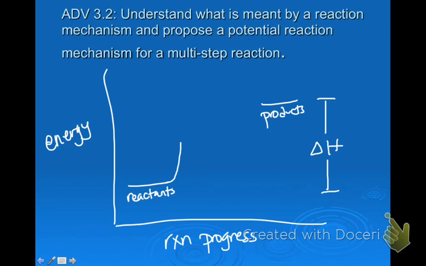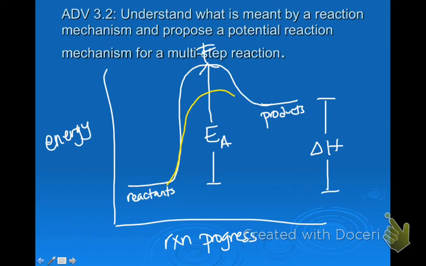Now we've got a transition state here, and the activation energy is the distance from the reactants to that transition state. Now what a catalyst does, the presence of a catalyst's job is to simply lower the activation energy.